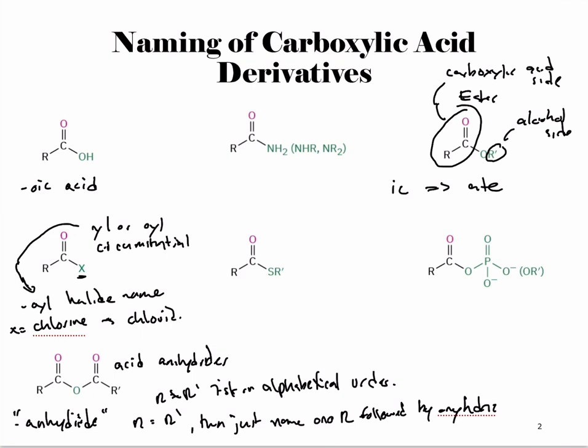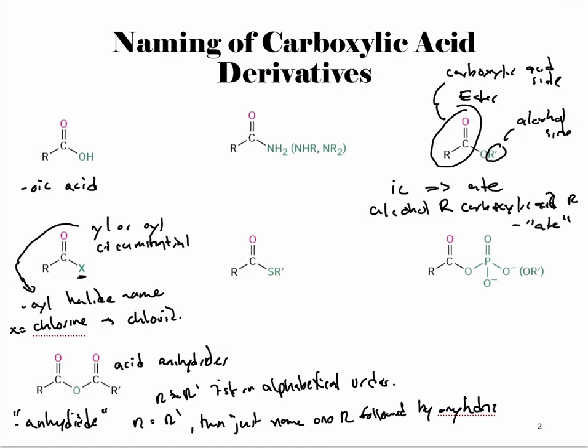And you're going to name the alcohol side, the alkyl group, so the alcohol R group, I should say, then the carboxylic acid R group, and then ate at the end. And so we'll talk about an example of what that can look like.